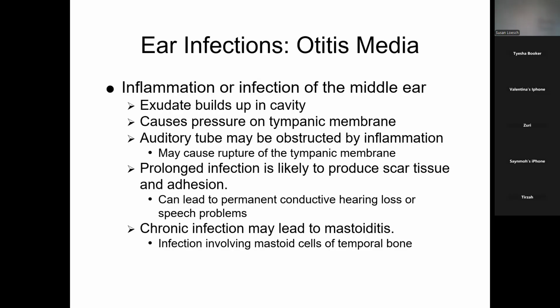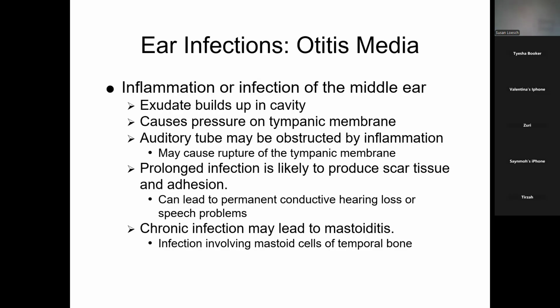Prolonged infection can cause scar tissue and adhesions, which can lead to permanent conductive hearing loss. Chronic infections can lead to mastoiditis, where the mastoid or temporal bone is involved. Usually, when that happens, they end up on like a PICC line, and that's very painful.